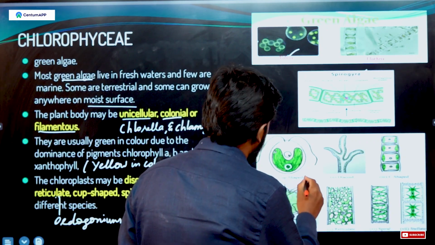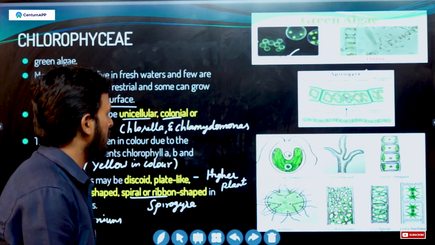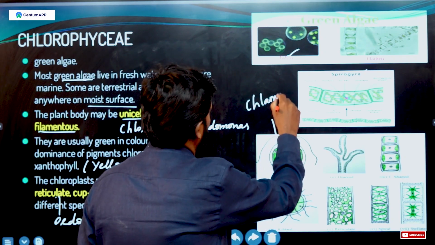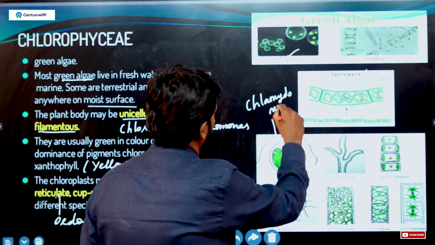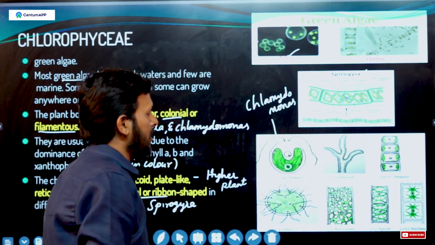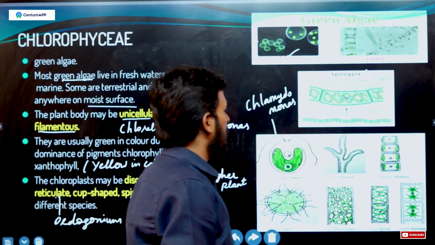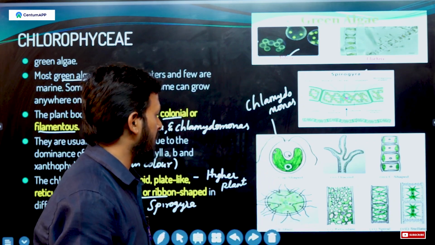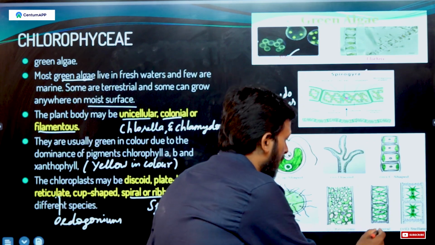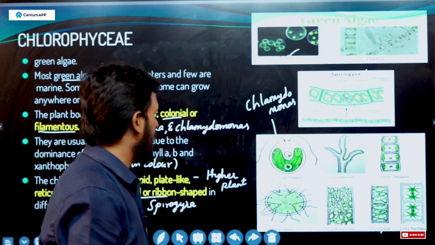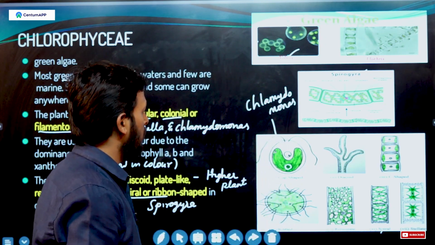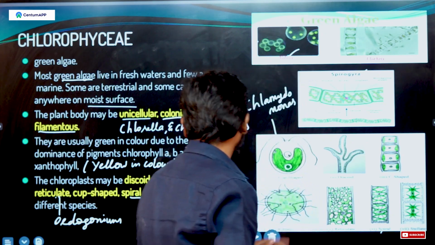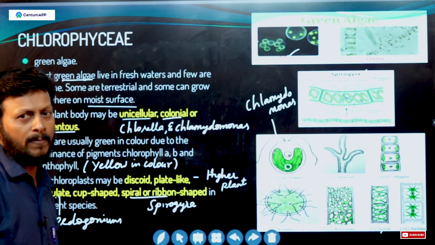Cup-shaped chloroplast is found in Chlamydomonas. Then discoid and C-shaped, ribbon-shaped, reticulate and spiral-shaped. Spiral-shaped in Spirogyra, reticulate in Oedogonium, ribbon-shaped in Ulothrix, and sheath-shaped in Volvox. These are all the different shapes of the chloroplast.